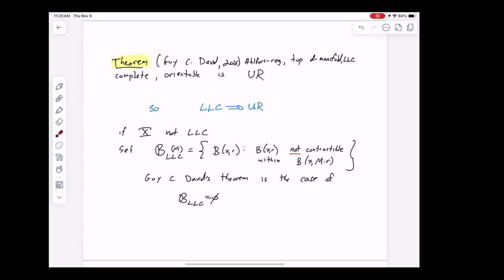Quick question. I'm a little confused by this LLC. Do you mean locally uniformly contractible, maybe? Yes, I probably said connected and not contractible. I often say the wrong thing. But in dimension two they're kind of equivalent, right? Sure, but your theorem now is stated here for d-manifolds, right?